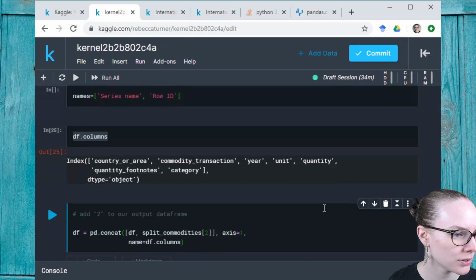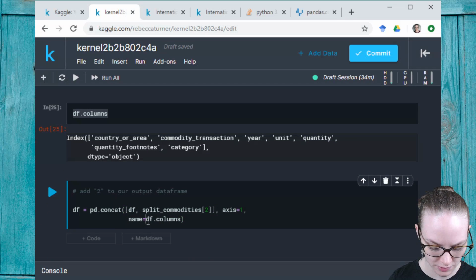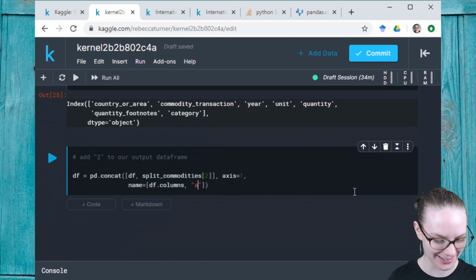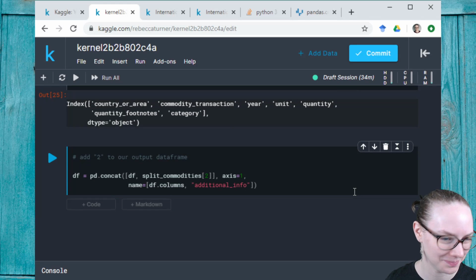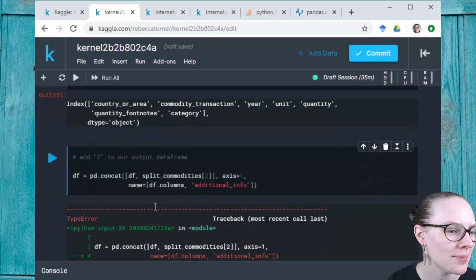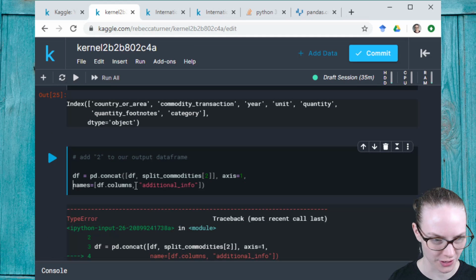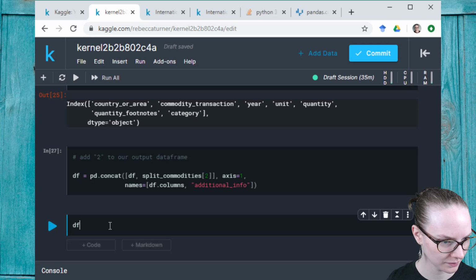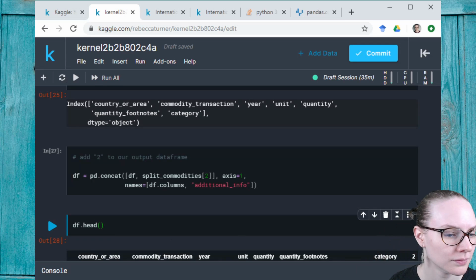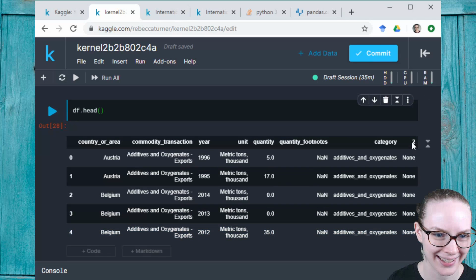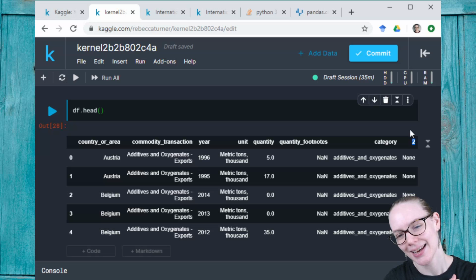Names equals, and then the name of our thing, which we are going to call additional information. It is names that is actually the thing that I was looking for, and also I think my white space is off. So now we should have an extra row, and it's still called 2. Not what I wanted. Okay.